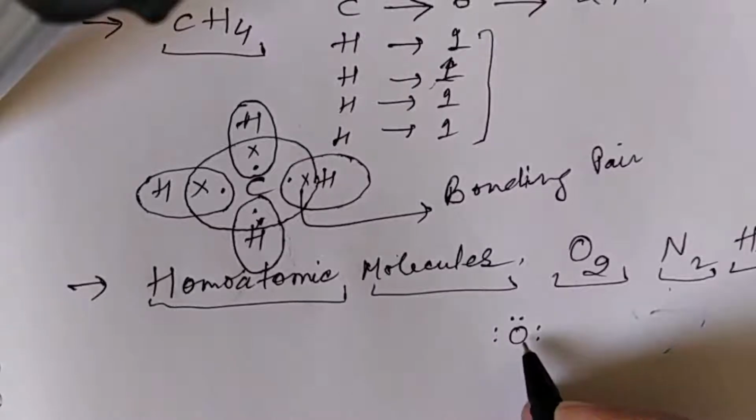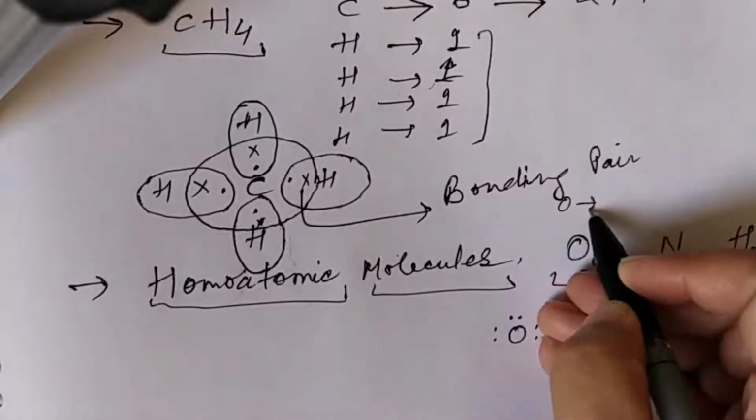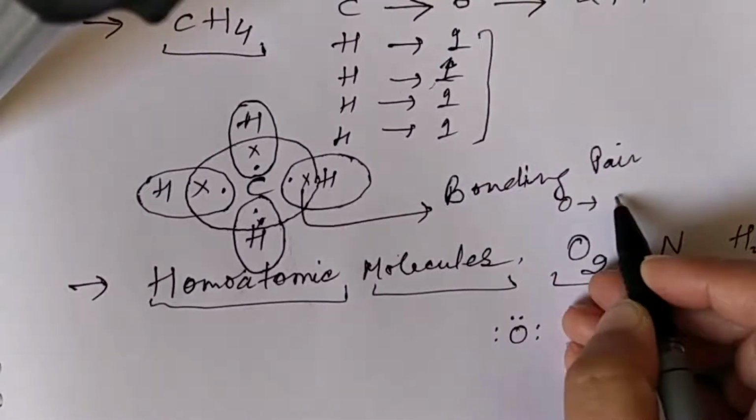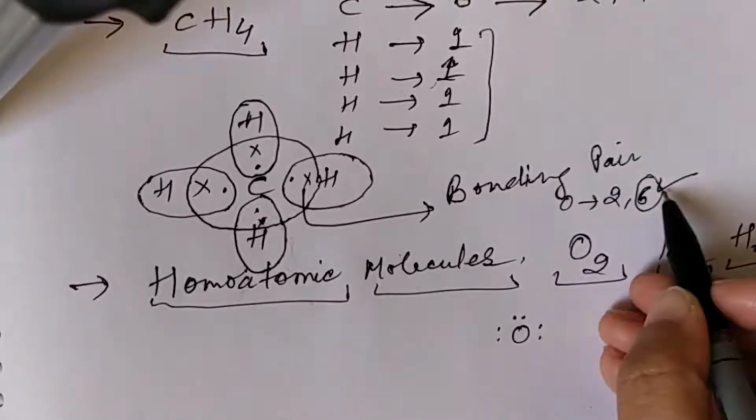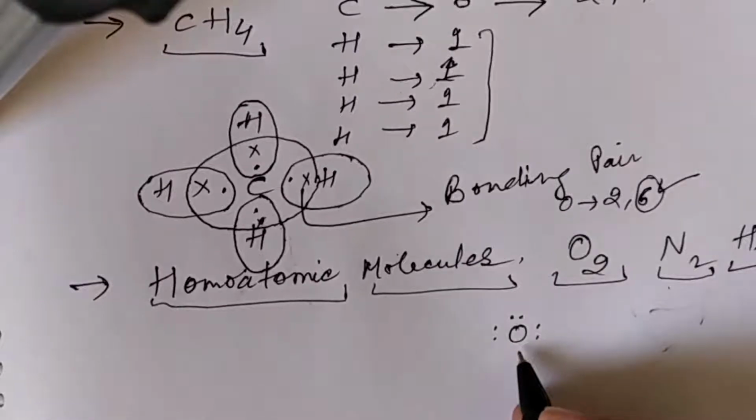For example, oxygen has electronic configuration 2, 6. So we will only write 6 electrons on the symbol of oxygen. Only 6 electrons should be represented here on the oxygen symbol. Is it okay with everyone?